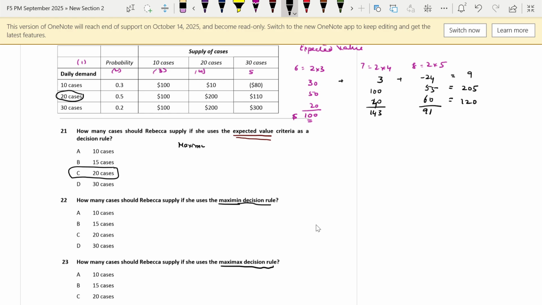Is it maximum, the minimum payoff? No, it's not here. Okay, maximum of the minimum payoff.